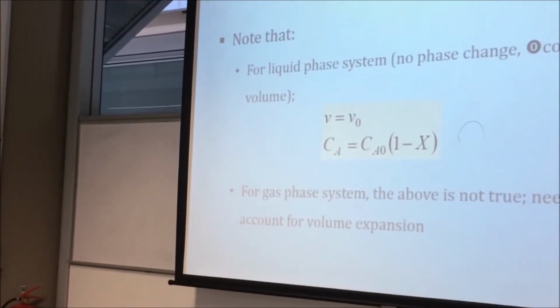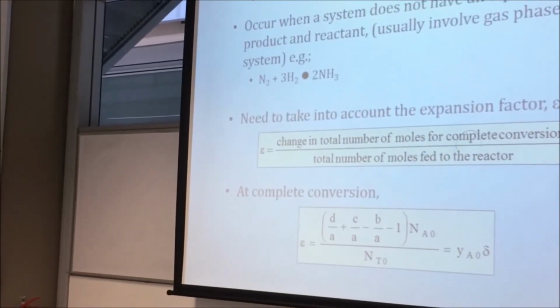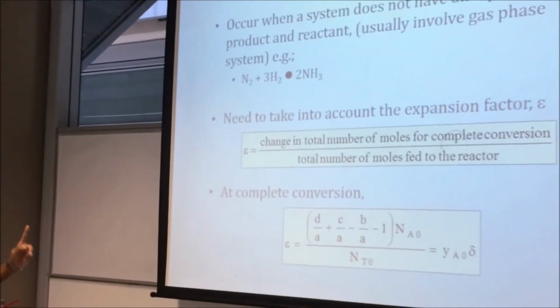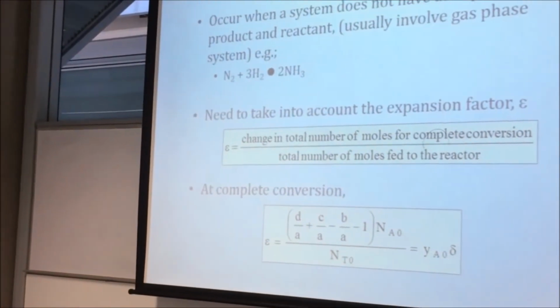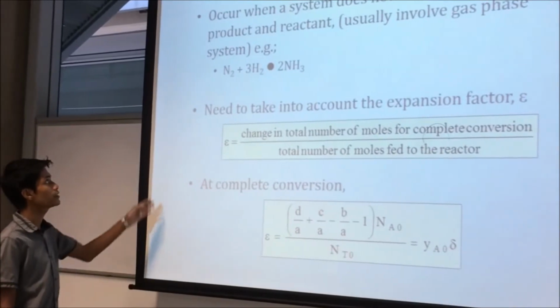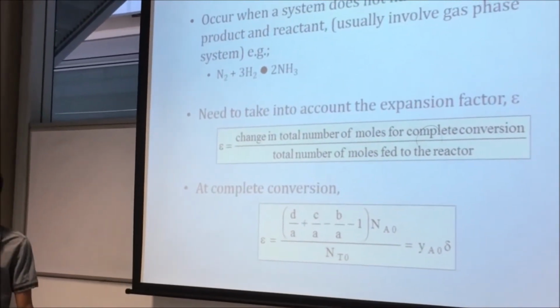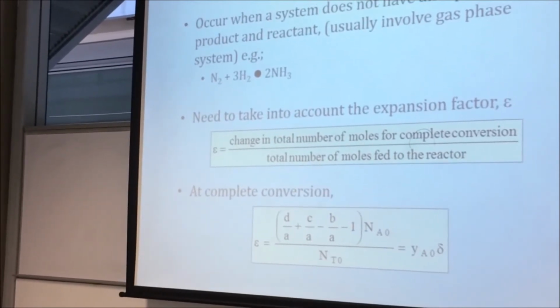For gas phase system, the above statement is not true, because we need to account for the volume expansion. Alright, so we have a volume change reflection, and this will occur when the system does not have an equal number of product and reactant moles. Usually, it involves a gas phase system. For example, nitrogen with hydrogen. So we're gonna take into account the expansion of the volume for the reaction.